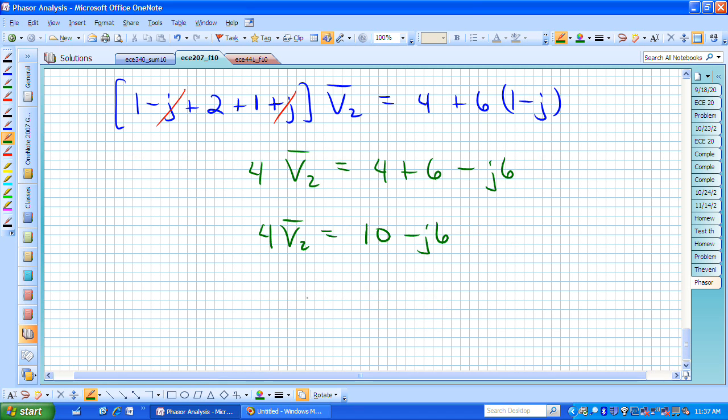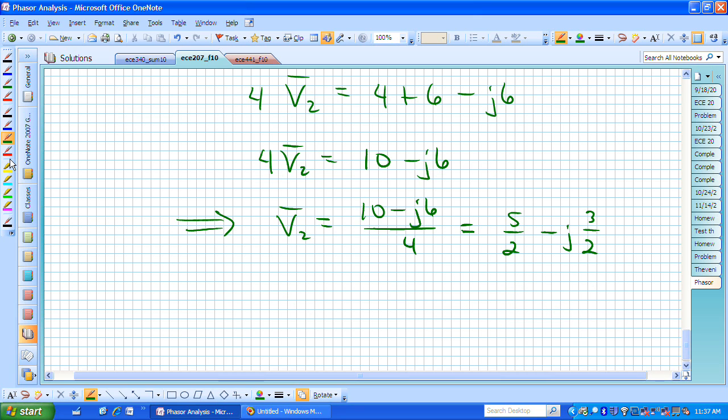If I divide that out, then I will end up with V2 is equal to 10 minus j6 over 4, or I have 5 halves minus j 3 halves as far as my V2 bar formula.